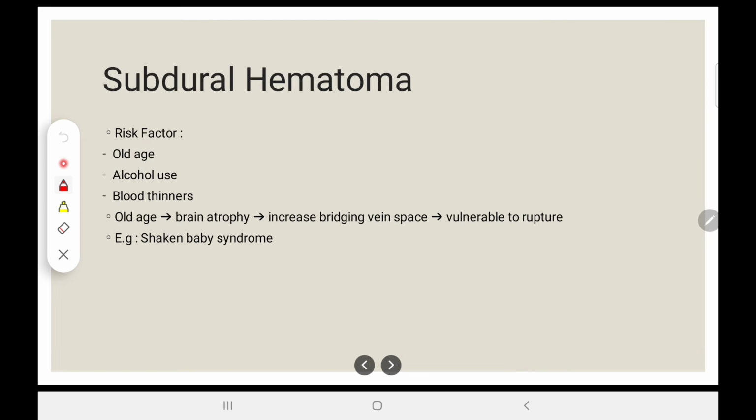The risk factors of subdural hematoma are old age, alcohol, and blood thinners. Old age can cause brain atrophy, which increases the bridging vein space and then leads to rupture. Another example is shaken baby syndrome.